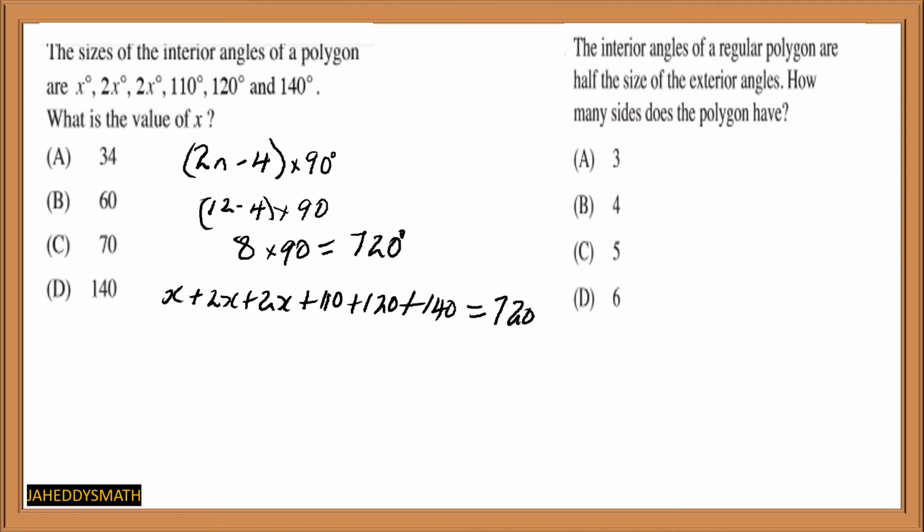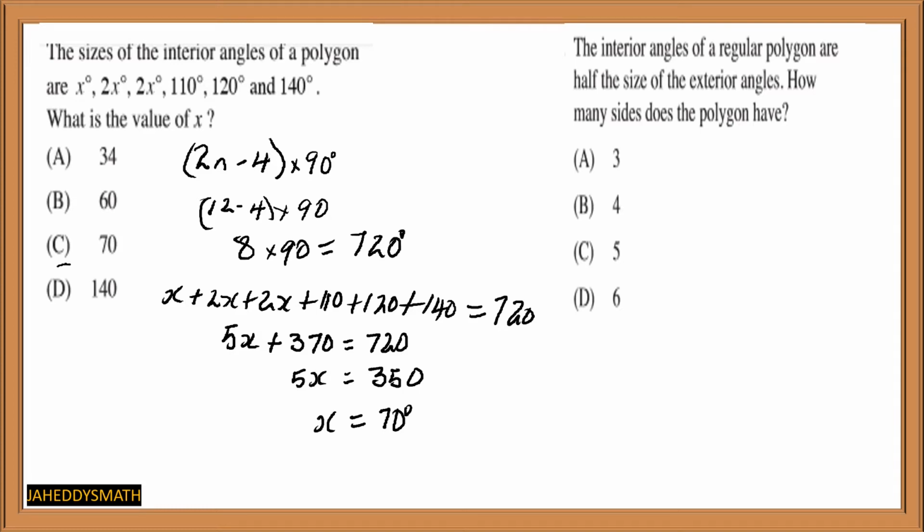Now when we simplify, we will get 5x plus 370 is equal to 720 degrees. And further simplification, we get that 5x is equal to 350. We subtract 370 from both sides, and we divide through by 5. Now we get that x is equal to 70 degrees. The correct answer is C.